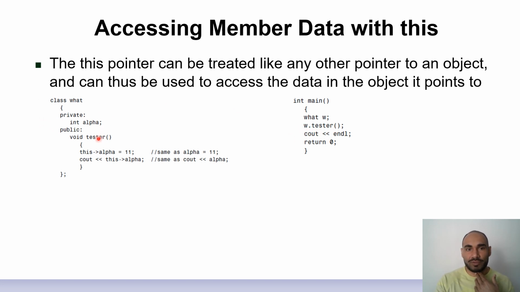When this tester function is called, this would be executed, and in this case this pointer is referring to this w object and this w object's alpha data member, and we set it to 11, and then we print this value as well. Okay, so this was an example of how we can access data members using this pointer.